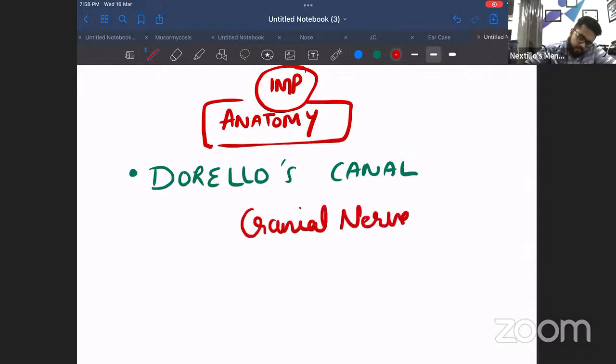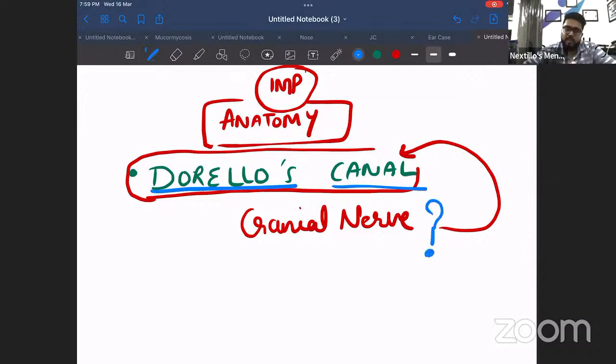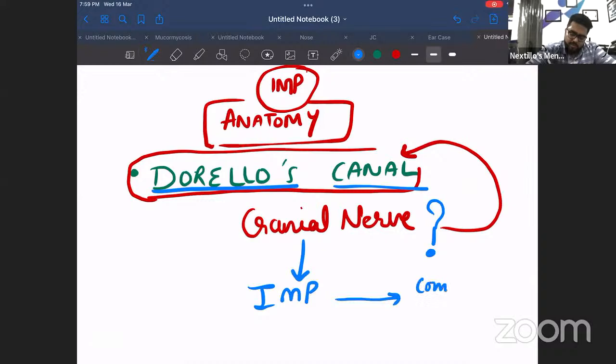My question is, which cranial nerve passes through Dorello's Canal? This has got huge importance in one of the very important complications of CSOM and one of the syndromes.